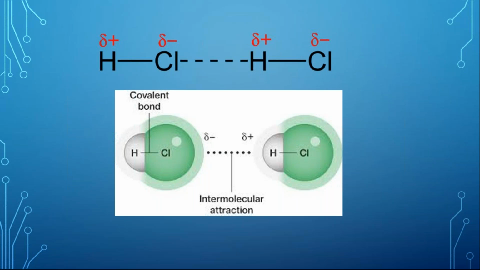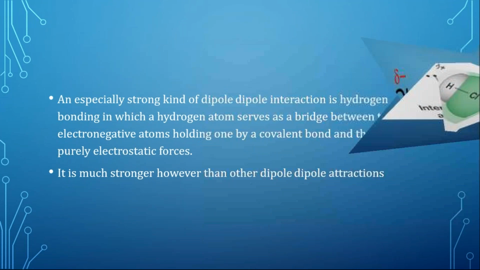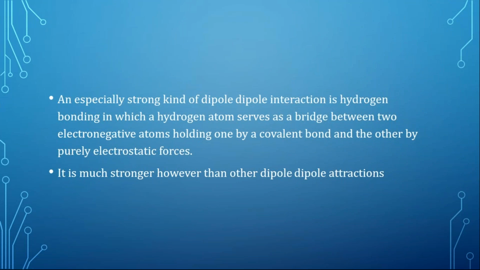A strong kind of dipole-dipole interaction is hydrogen bonding, in which a hydrogen atom serves as a bridge between two electronegative atoms, holding one by a covalent bond and the other by purely electrostatic forces.